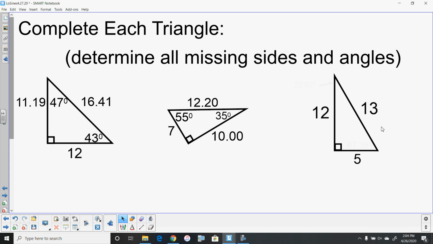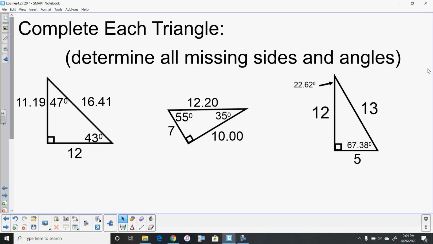And then if I was to solve for this angle, I could use inverse sine of 12 over 13. I could use inverse tangent of 12 over 5. I could use inverse cosine of 5 over 13. Any of those ways would get me an angle of 67.38 degrees, and then 22.62 degrees for my other angle here.